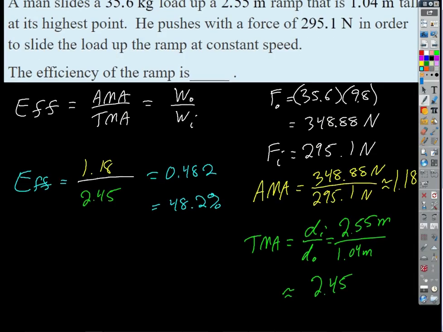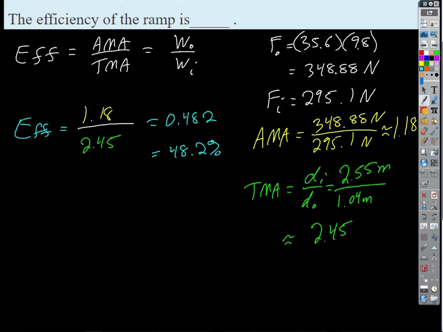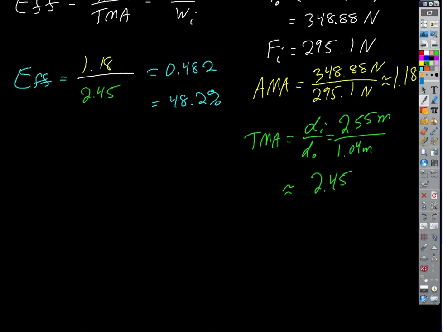So output work is just force times distance, right? Output work is output force times output distance. Okay, so we could also do the output force we said was, I already calculated that, 348.88 was the weight.